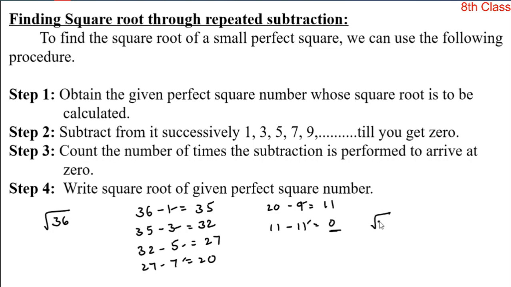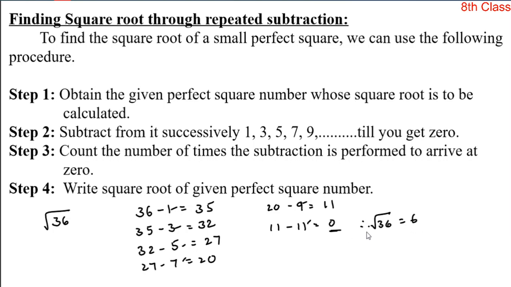Therefore, the square root of 36 is equal to 6. Why? Because to get this 0, we subtract 6 successive odd natural numbers from the given number. So root 36 is equal to 6.